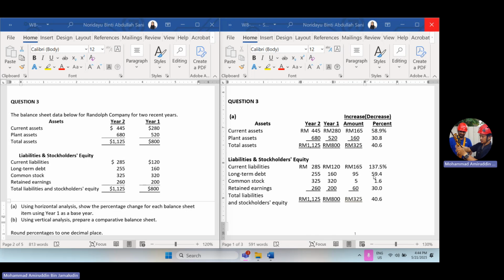Okay. Next, retained earnings. Their retained earnings increased by 30%. So retained earnings consist of opening retained earnings plus this year's net profit. You get your closing balance of retained earnings.